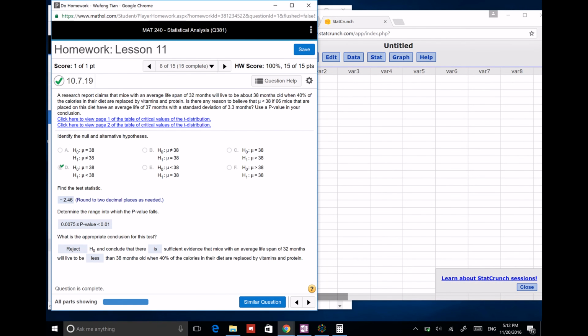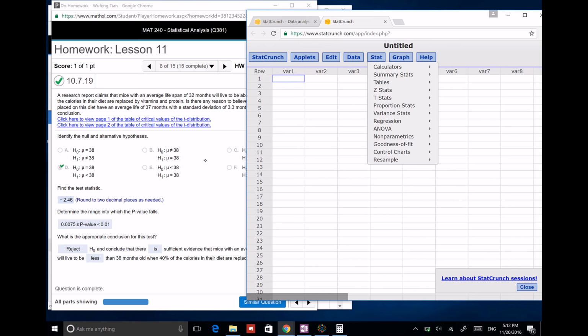The first one reports the claims average life of 38 when 40% of the calories are replaced. For the first one, you find the test statistic and use the p-value in the conclusion.